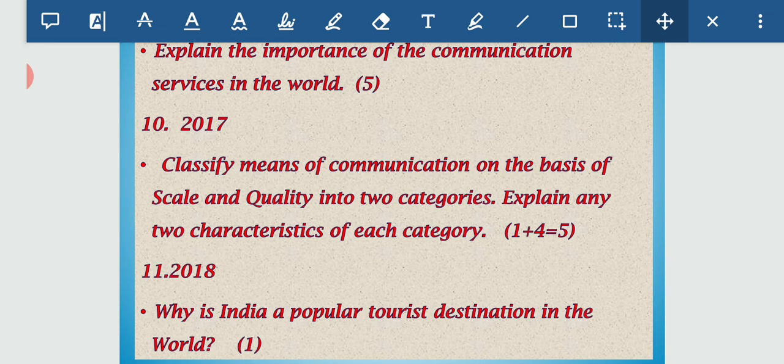Because of its climatic conditions, physiographic conditions, culture and heritage, it is a popular tourist destination, and it has also gained importance due to its medical support. So, medical tourism has also made India a popular tourist destination.